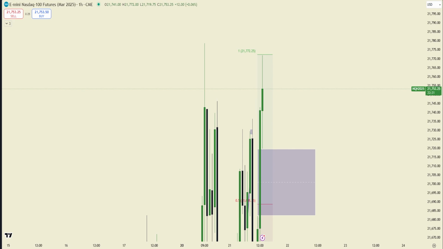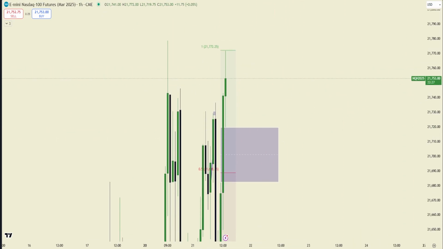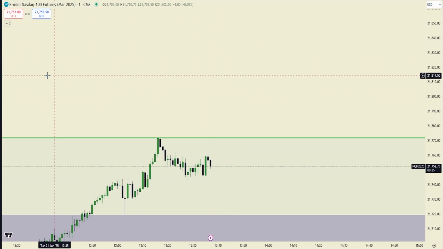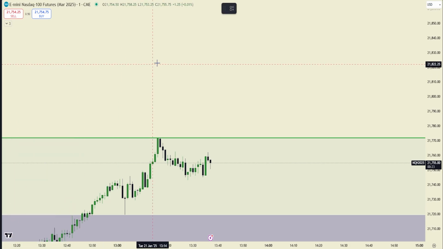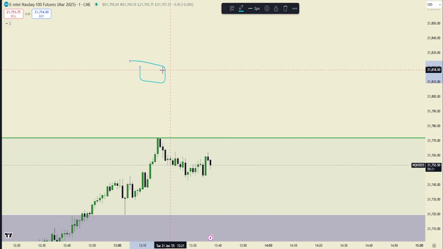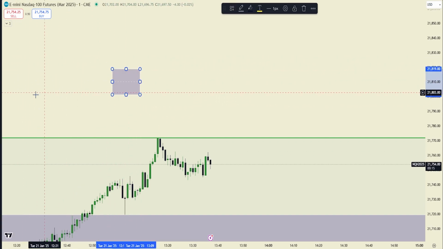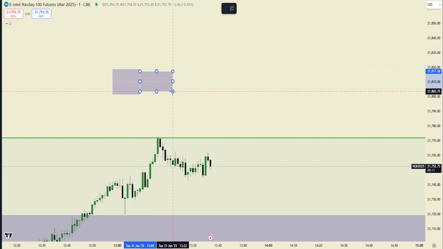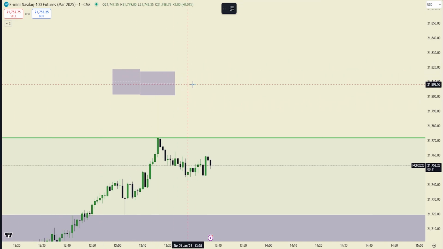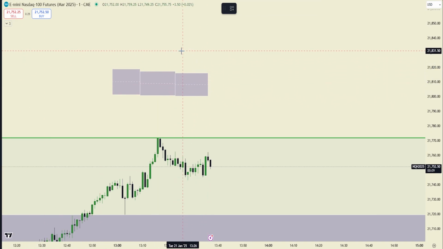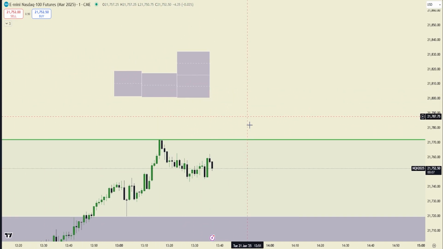By the way, I have a new monitor setup. So my monitors are now shaped like this. I have one here, one here, one here, and then one above that.